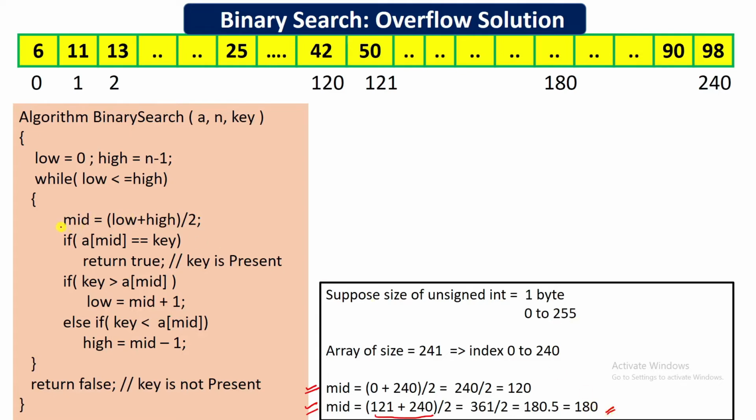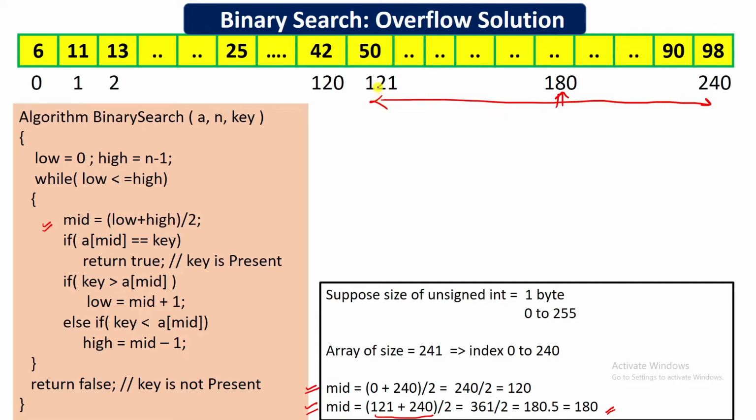So basically there should be some other type of calculation for this mid. I will not do low plus high by 2, I will do something else. Let's see how. We are finding this 180, which is the midpoint of 121 to 240, right?